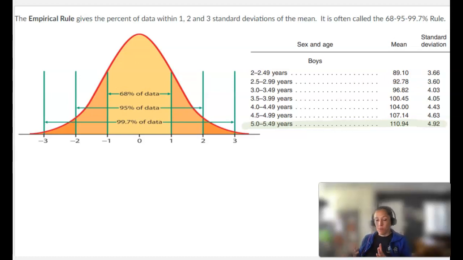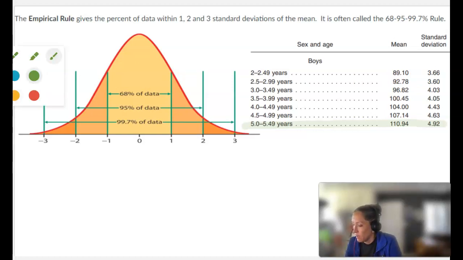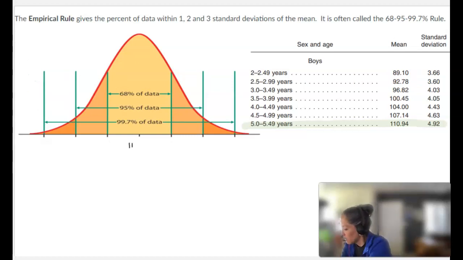So what this would mean if I wanted to use the empirical rule to talk about a height for a boy in this age group is that I could take this normal curve that's drawn right here. I'm going to erase these numbers at the bottom and replace them with my mean, which for this group is 110.94 centimeters.